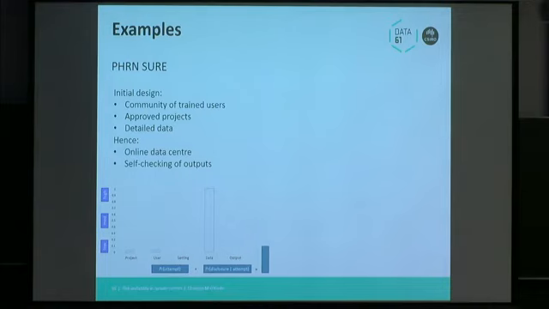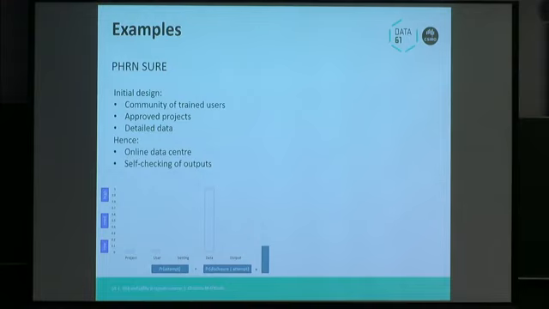Just to give you a couple of examples, this is the one that we were working on that I was talking about before with the checklist, the Secure Unified Research Environment Virtual Data Centre. They said, okay, we've got a community of trained users, so the likelihood they're going to do something bad is very low. Projects are approved and have ethical review, so the likelihood of something going wrong is very low.